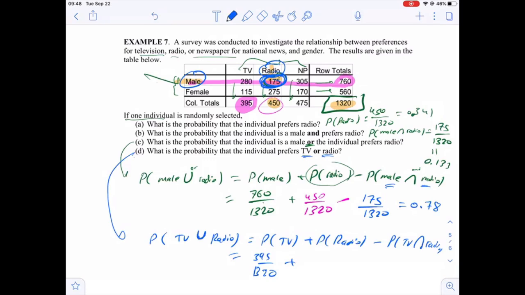And for probability of getting someone who prefers radio, how many people are there? We have 450 out of 1320. Minus probability of TV and radio, we don't have any intersection between TV and radio, so that's 0. So computing this, we get 0.640. That's the probability of getting someone who prefers TV or radio.